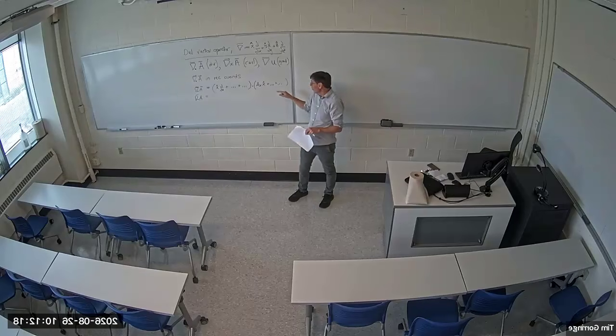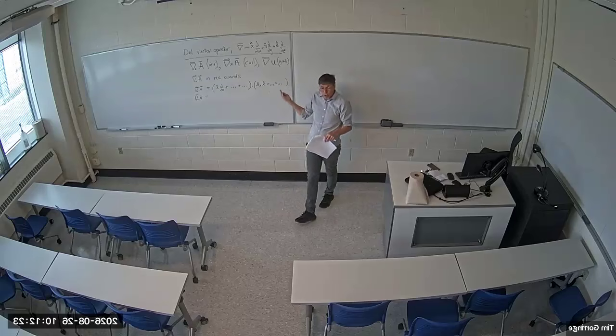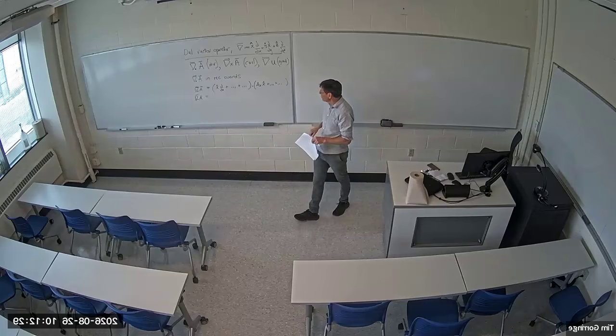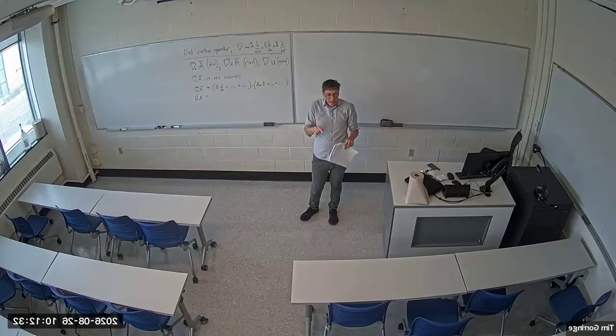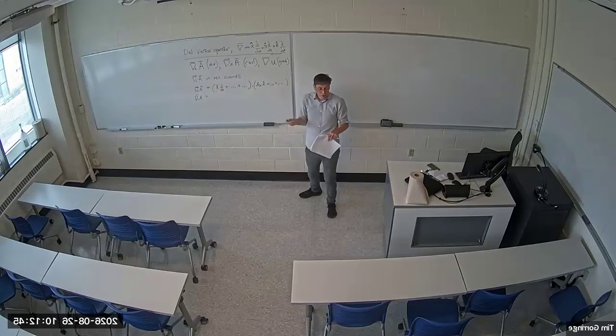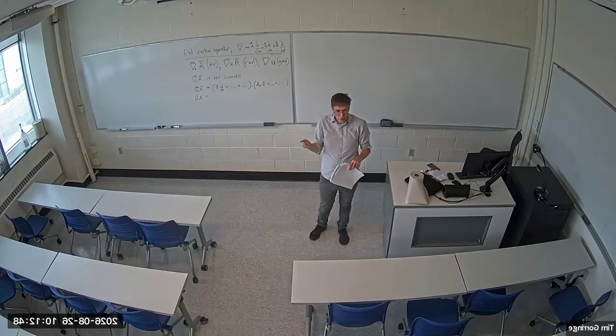But the rectangular unit vectors are orthonormal unit vectors. We talked about this very rapidly in the last class. Orthonormal meaning that x dot x is going to be 1, but x dot y would be 0. So the only surviving non-zero ones of these 9 terms are x dot x, y dot y, and z dot z. And the values of x dot x, y dot y, and z dot z are all going to be 1.